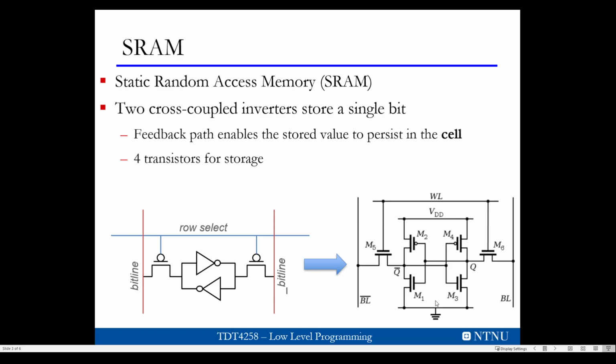So these 4 transistors are used to hold the value, to store it. Then we need 2 additional transistors to access the cell, and these transistors M5 and M6 are used to access the cell. That means whenever we want to store the value or read the stored value, we use these 2 transistors.